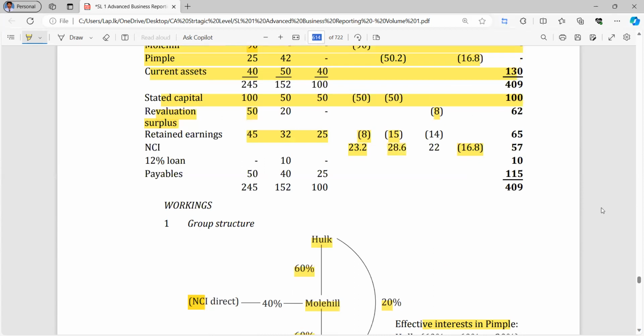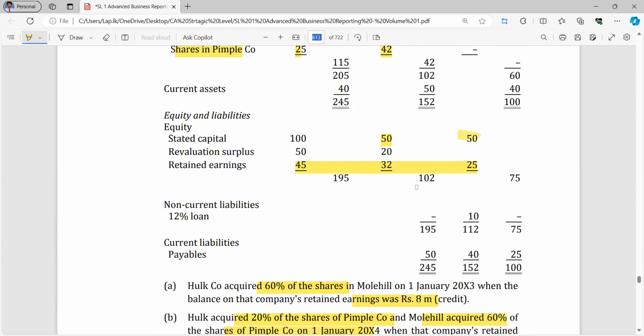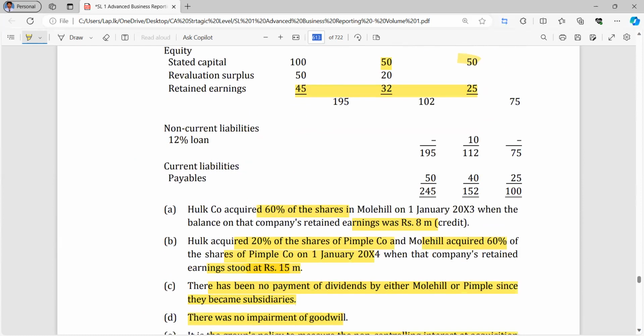How did the 22 come? The 22 is the post acquisition profit, right? The post acquisition profit is derived from 32 minus 8, the remaining out of 40%, that is 9.6, right?